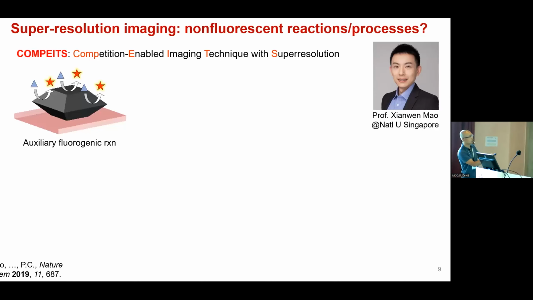That stands for competition-enabled imaging technique with super resolution. Now, I have told you that if you have a fluorogenic reaction that can be catalyzed on a catalyst particle surface, by detecting and localizing individual products on the catalyst surface, one can image this reaction at nanometer resolution, okay?